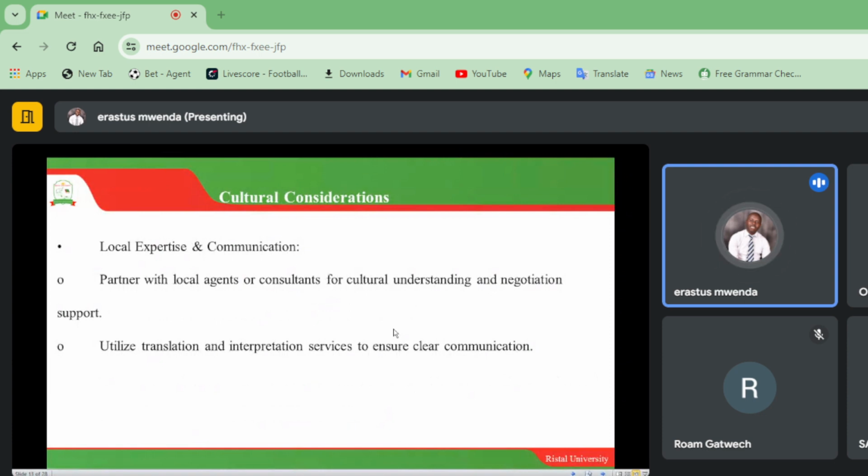The other one is cultural collaboration, local expertise and communication. When we want to consider the aspects of culture, we need to be conversant with the local language and communication. So how can you go about that? Number one, you can partner with local agents and consultants for cultural understanding and negotiation support. If you do not understand the language in the place where you are importing your goods, you could partner with people that can assist you.